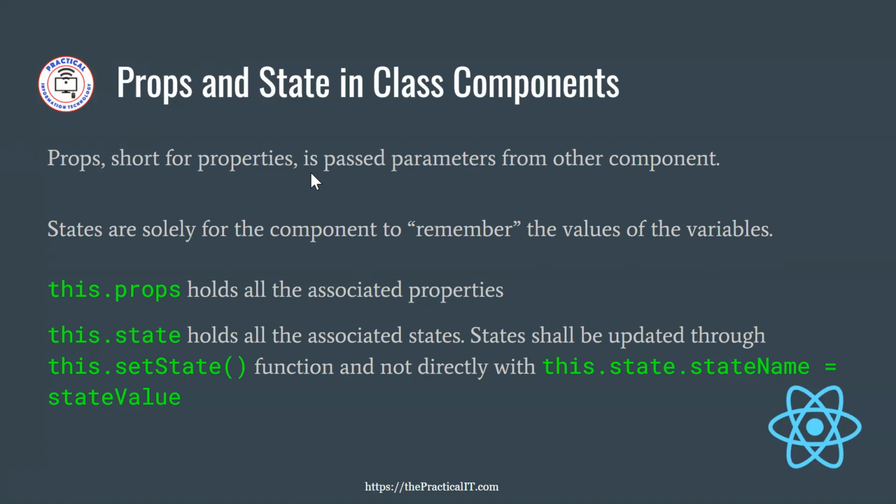We're not going to do this.state and then whatever the state name, and set the value. We're not going to do that. We are always going to be using this.setState, and then we pass the property of the state and the value that we're going to associate with it.